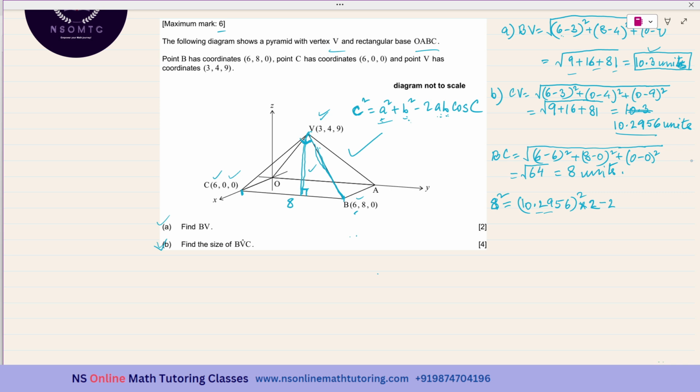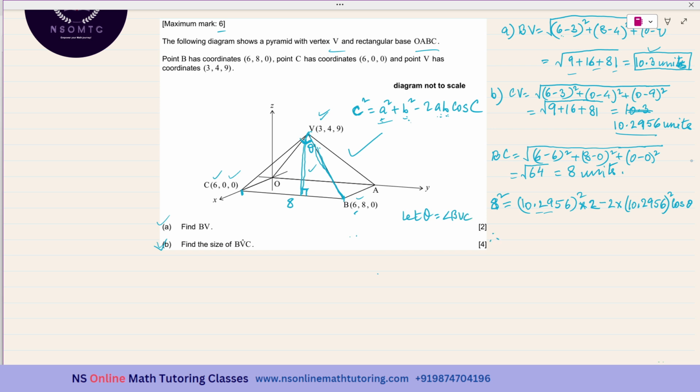So I am writing 2 times 10.2956 whole square, and cos, let me take this as theta, because I'm not having much space. That's why I'm taking theta. You can write angle BVC, cos angle BVC. So therefore, I'm writing let theta equal to angle BVC.